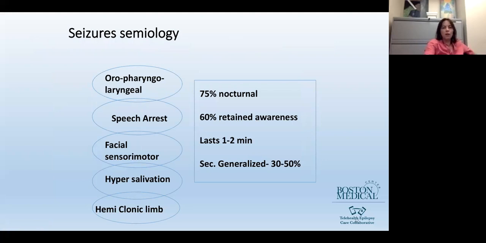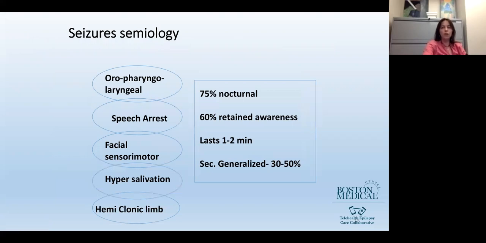So the seizure semiology in Rolandic epilepsy ranges from some oropharyngeal symptoms, which can be either sensory or motor, and this is actually the most common seizure type.